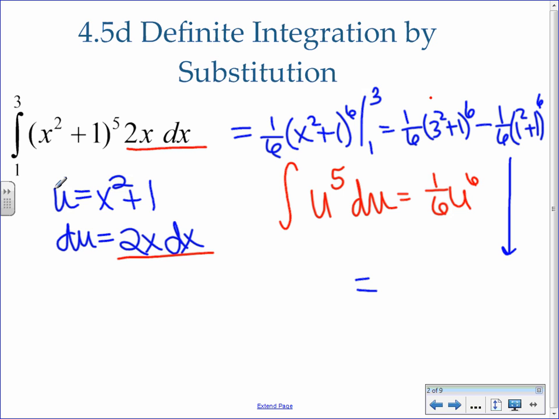Anybody have something? We have 1/6 times 10 to the 6th minus 1/6 times 2 to the 6th, right? I think it's 166,656.